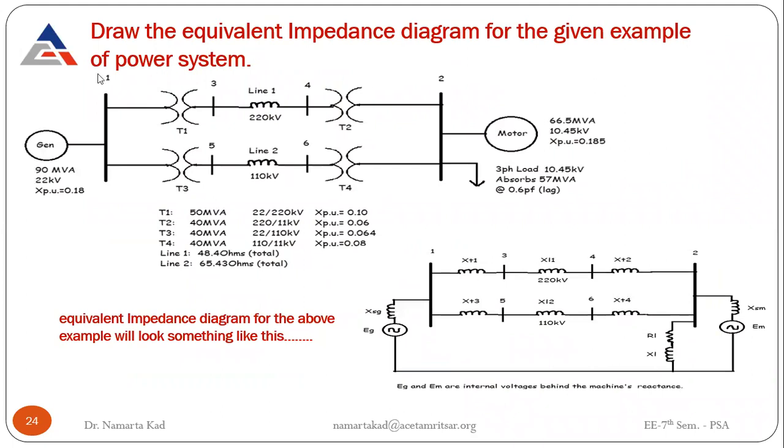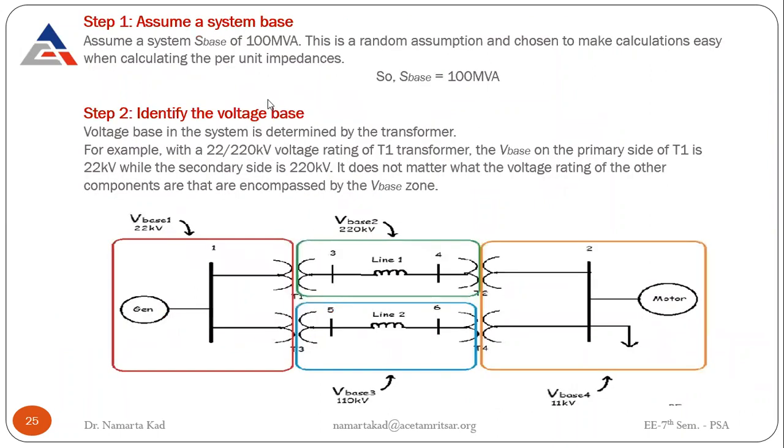If you see this single line diagram, here it is 90 MVA. The transformers are 50, 40, 40 MVA, the motor is 66.5 MVA, here it is 57 MVA, and the highest out of all these is 90 MVA. But we are going to choose our base value as 100 MVA.